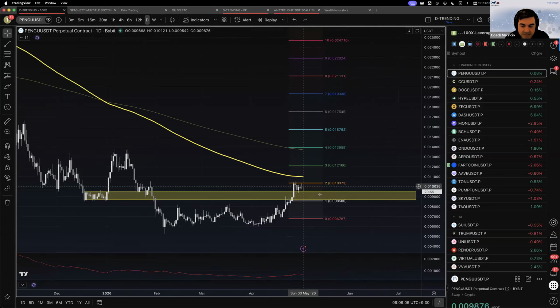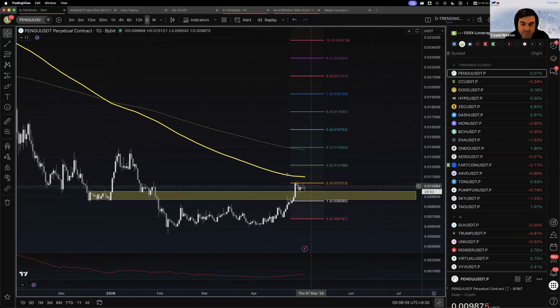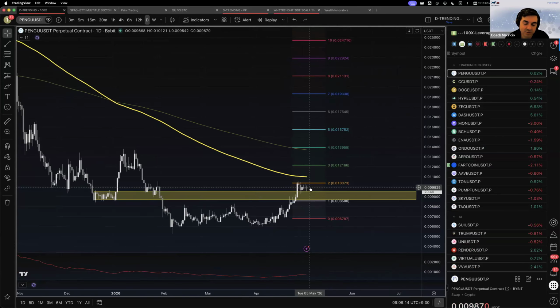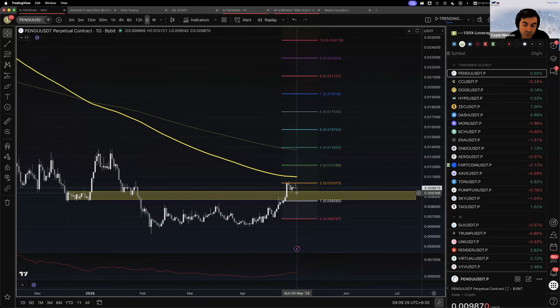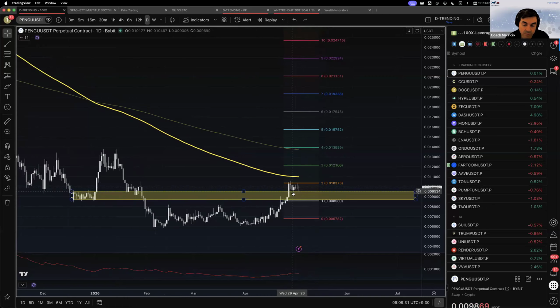We took some profits. Now I'm thinking of adding more, but this is something for you guys to think about. You could actually risk the profits that you make, put the stop losses all here. So obviously, if this turns back down, then you could just lose the profit that we made, no problem.